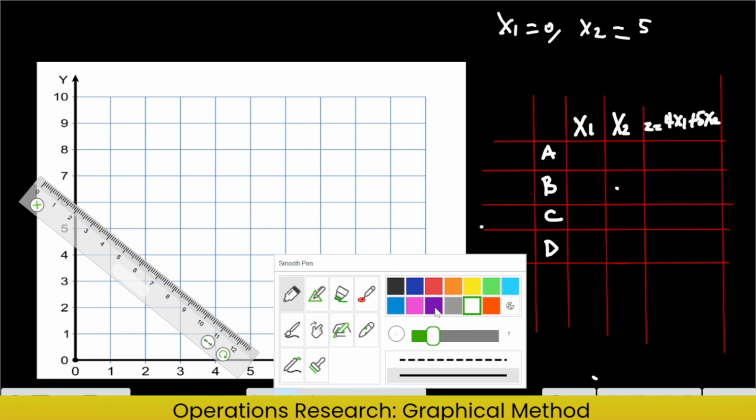So let me label my axes. I have this one to be x1, and this one to be x2. So when x1 is equal to 0, x2 will be equal to 5.